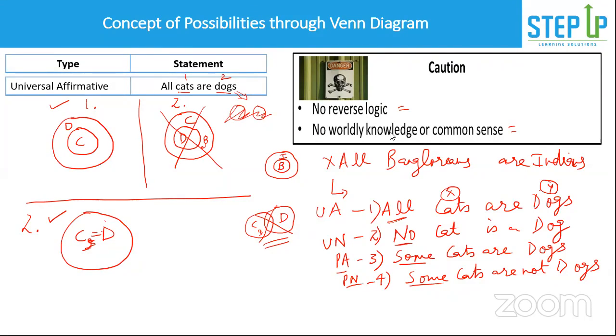As you can see on my screen, these were the two possibilities. So every time somebody says all tube lights are fans or all chairs are curtains, you will say, okay, this is a universal affirmative type of statement, and two diagrams should come in your mind. One is this one, and the second is the equal one.